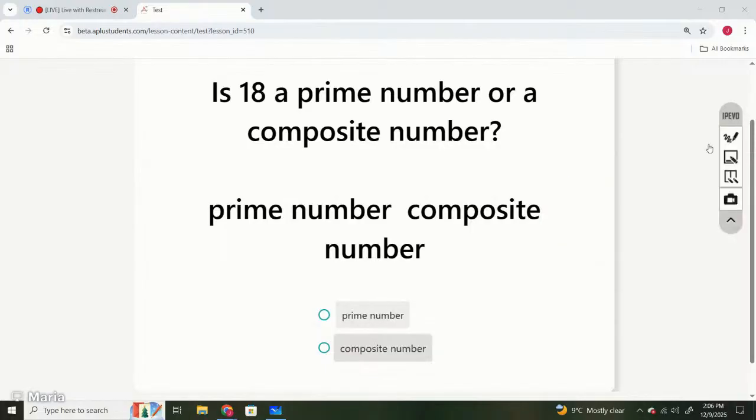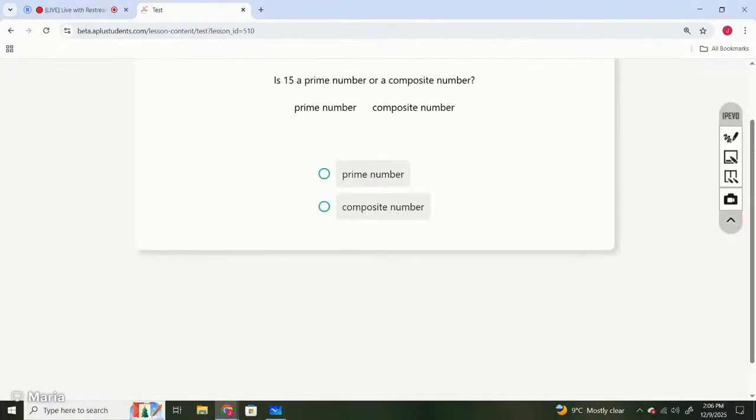So 18 is a composite number. Is 15 a prime number or a composite number? 15 is a composite number. Option number 2 is the correct option.